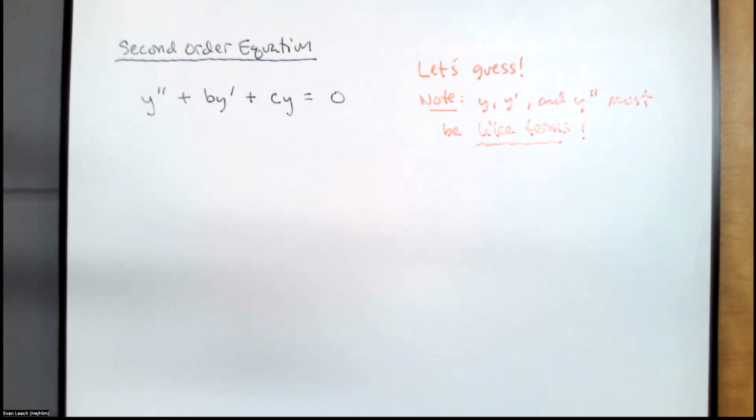That's our first piece of evidence that we need. y, y prime, and y double prime must be like terms, because when I add them all up, b and c are constant, and when I add them up, I end up with 0.